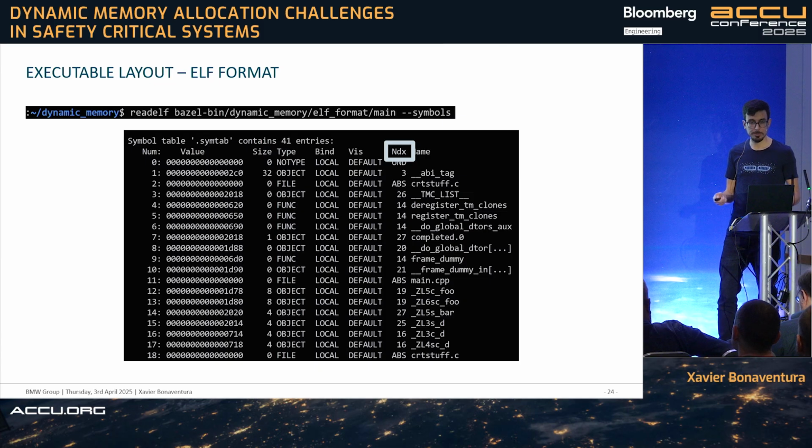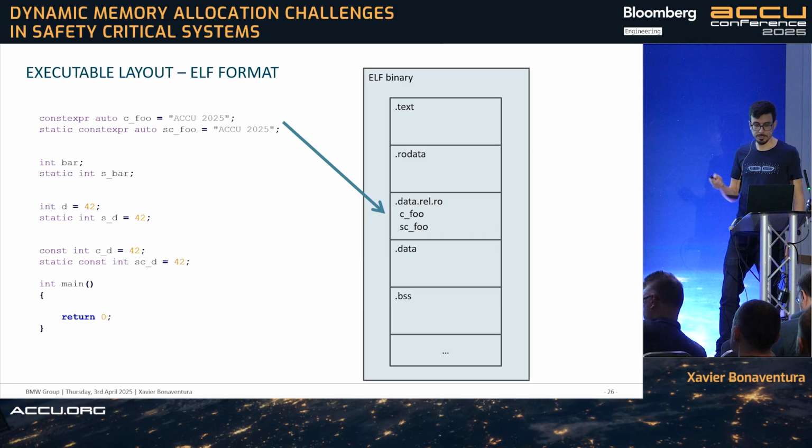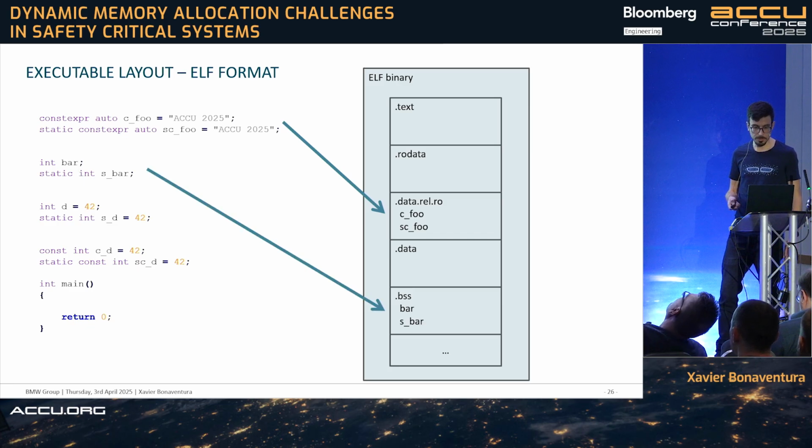Okay, now for a bit of simplicity, to make it easier, I just did the mapping for you. What do we have? The first thing is that the strings will end up in this data relocation read only. Then we have these global integers, uninitialized, that will end up in this BSS section.